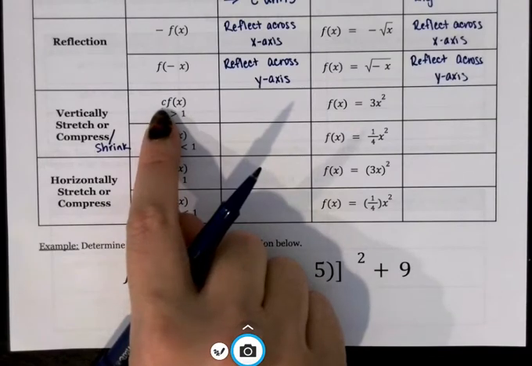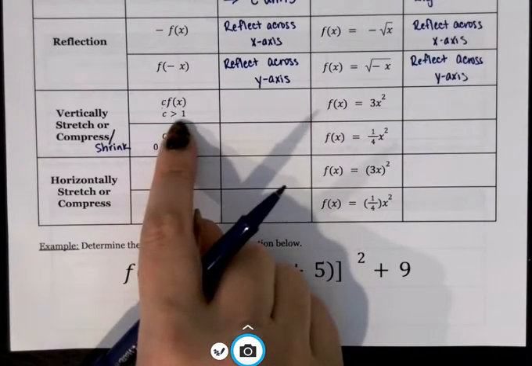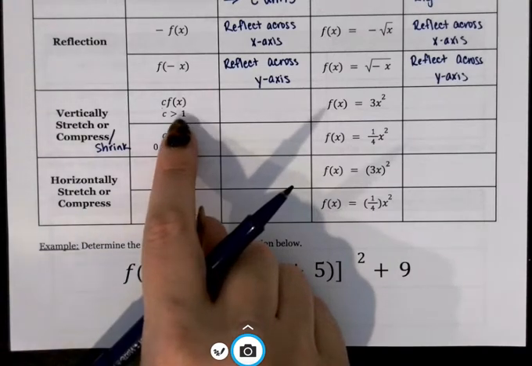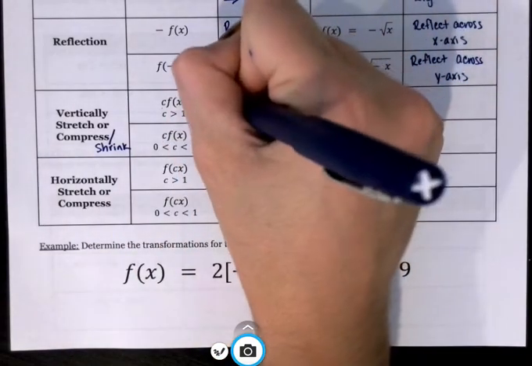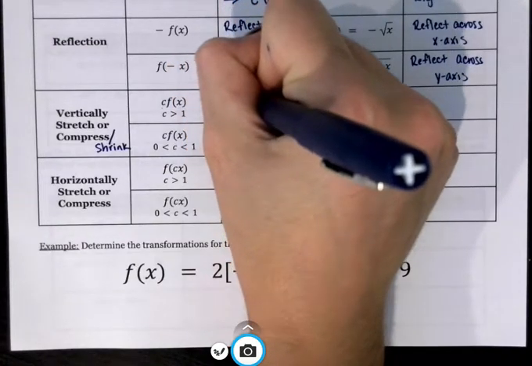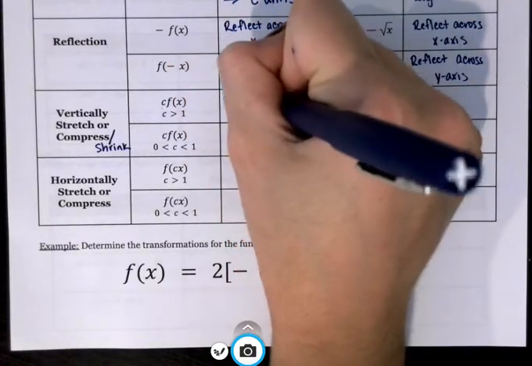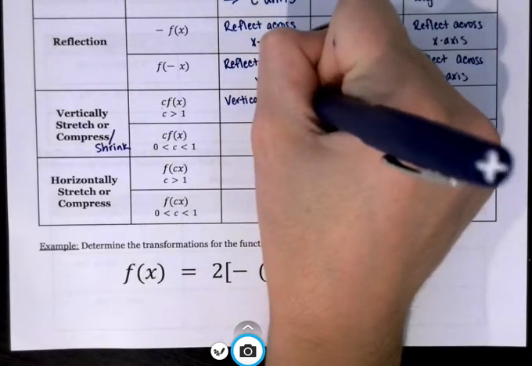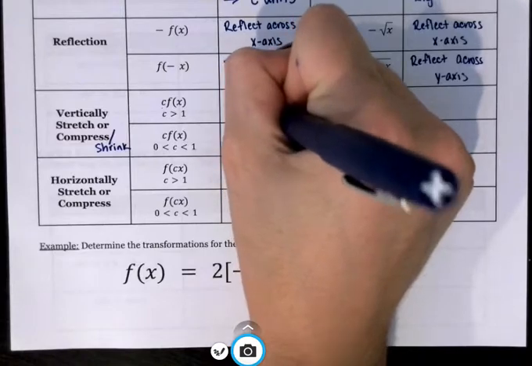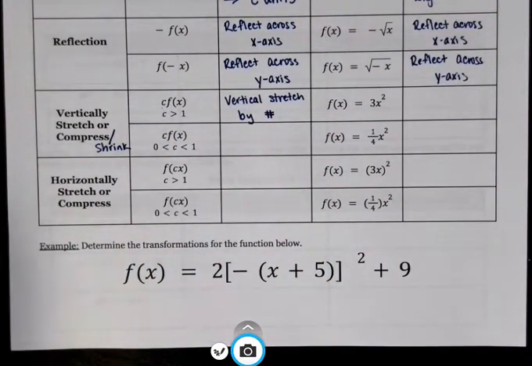So if our constant that's being multiplied is greater than 1, so 2, 3, 10, 105, that would mean that our graph is stretching vertically, or there is a vertical stretch by whatever that number is, whatever that constant is, or by a factor of that number.